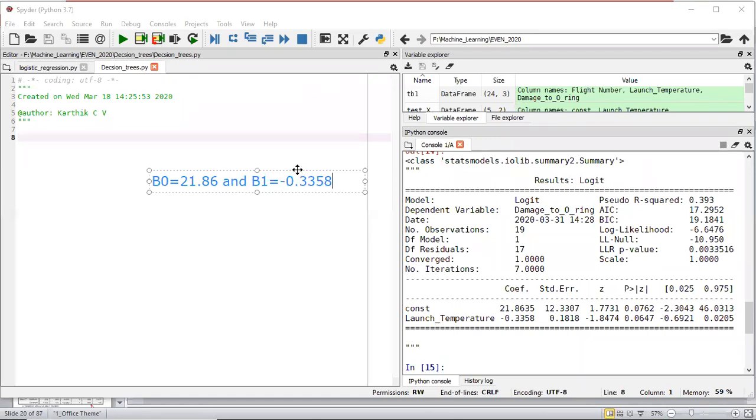So this is the value I got here. This is my beta naught and this is my beta 1.